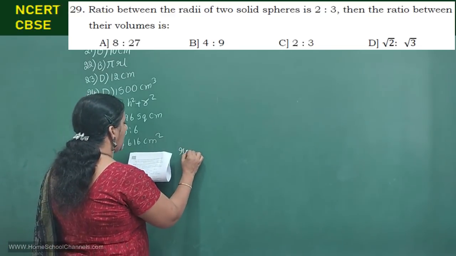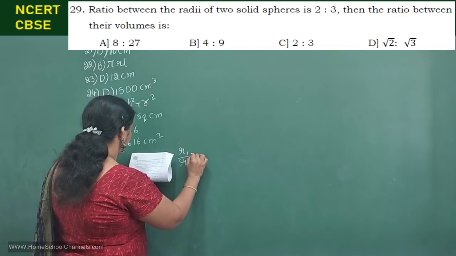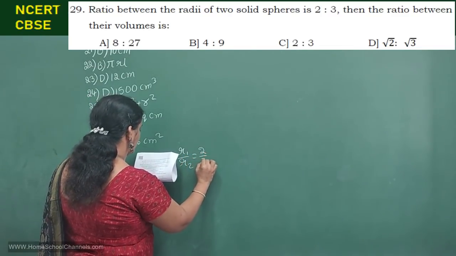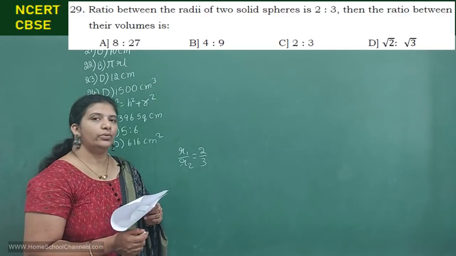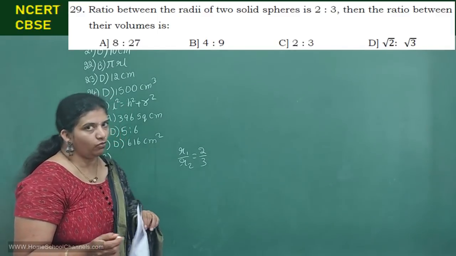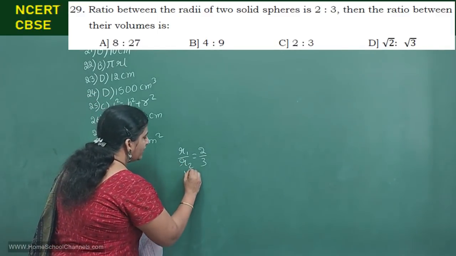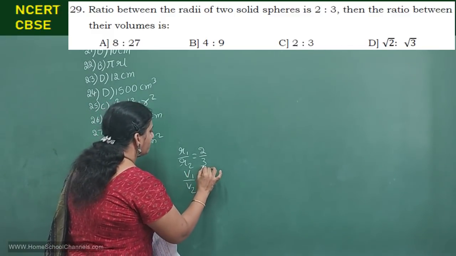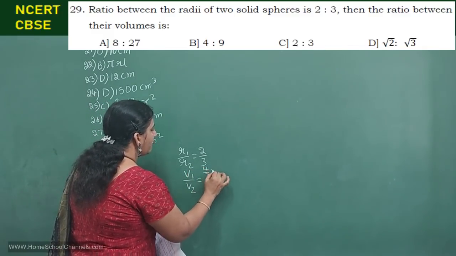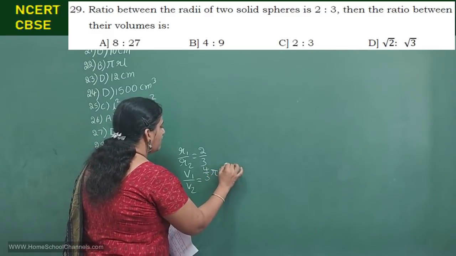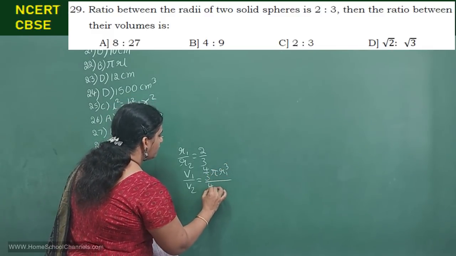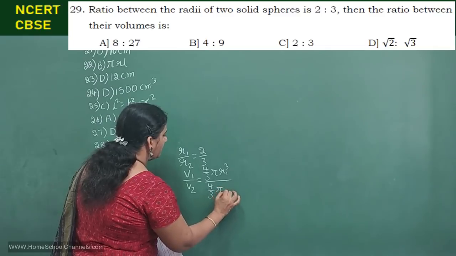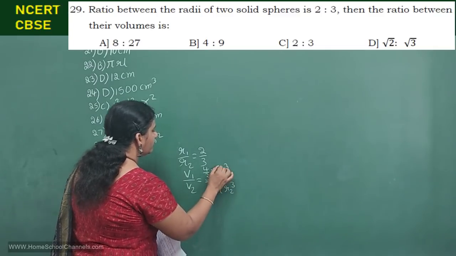That is R1:R2 is equal to 2:3, and we need to find the ratio of their volumes. V1 by V2. Volume of a solid sphere formula is 4/3 pi R1 cube by 4/3 pi R2 cube.